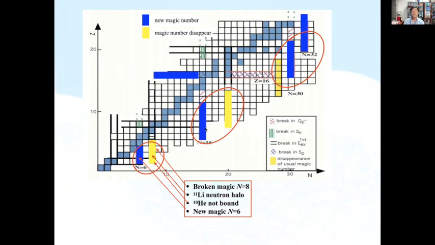Then you see that N=16 is a magic number, as well as Z=16 is. And in this part, N=20 disappears, and oxygen-28, again, is expected to be a doubly closed shell, but it doesn't bind, it's not doubly closed. And so on. It's always in this corner that something happens.